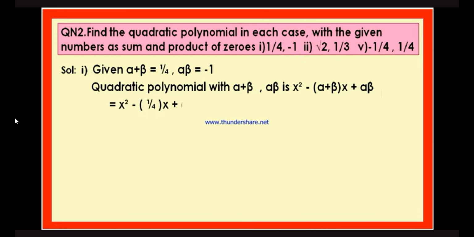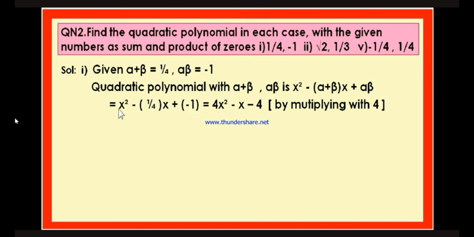This is equal to x squared minus 1 by 4 into x plus minus 1. Here we have denominator 4 in the second term. In order to remove this denominator, let us multiply the whole polynomial with 4.